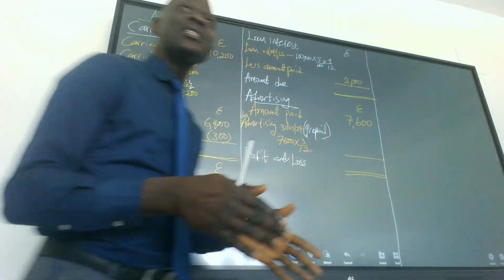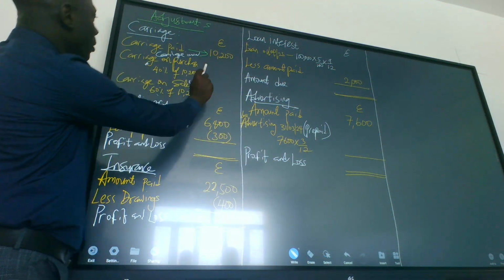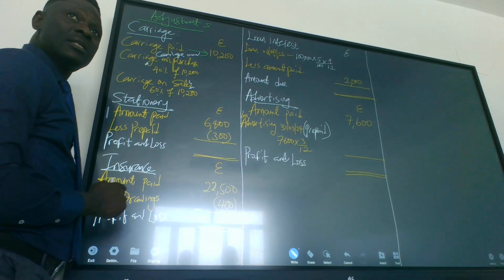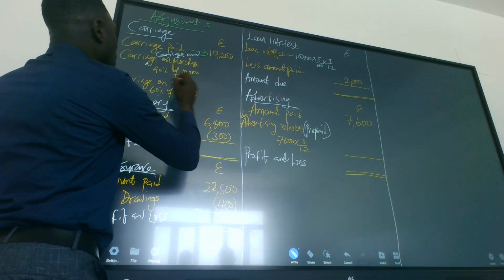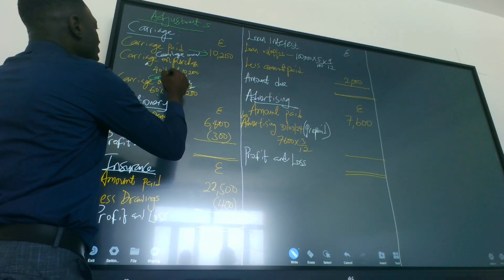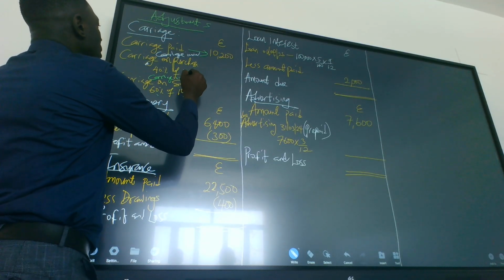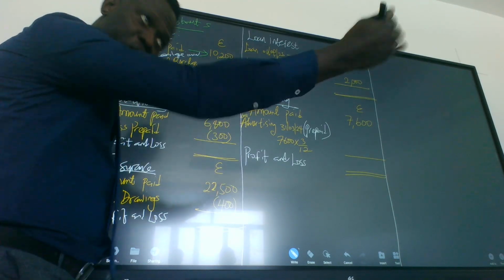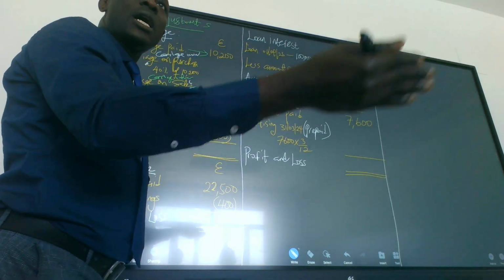Do we get it or not? So we have carriage on purchases, 40%, and 60% on sales. This is carriage outward, and this is carriage inward. Inward, you purchase; outward, you sold. I think it's clear.